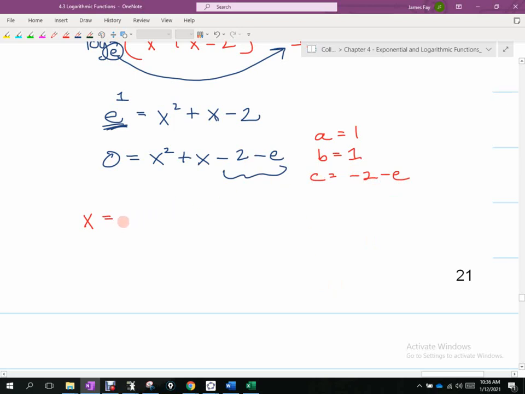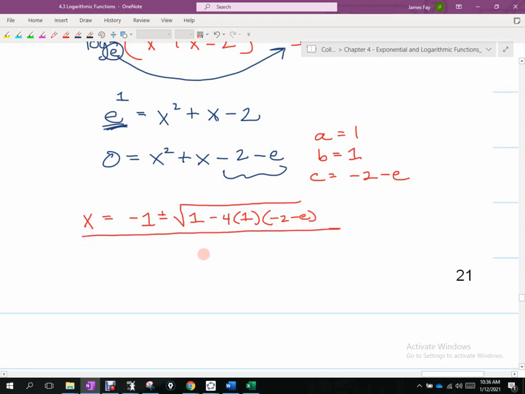Plug that stuff in: the opposite of b, so negative 1, plus or minus the square root of b squared minus 4ac, all over 2a.